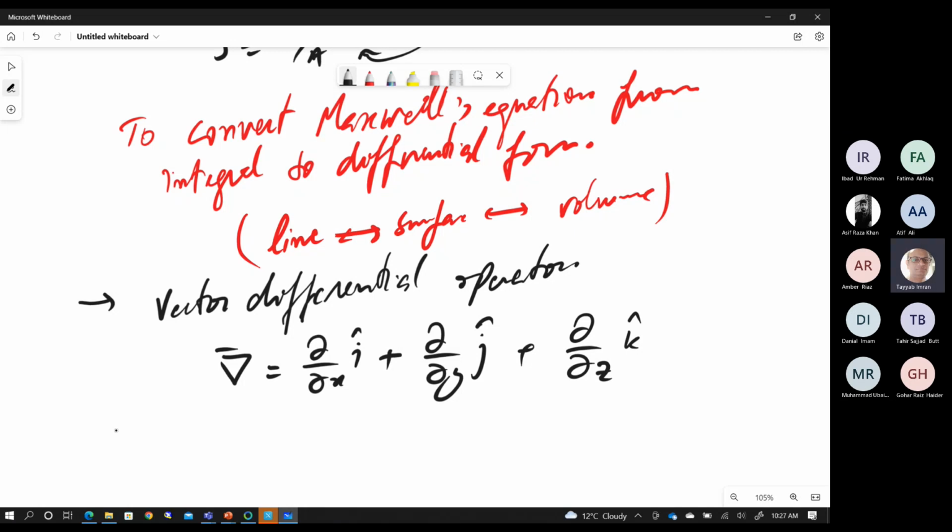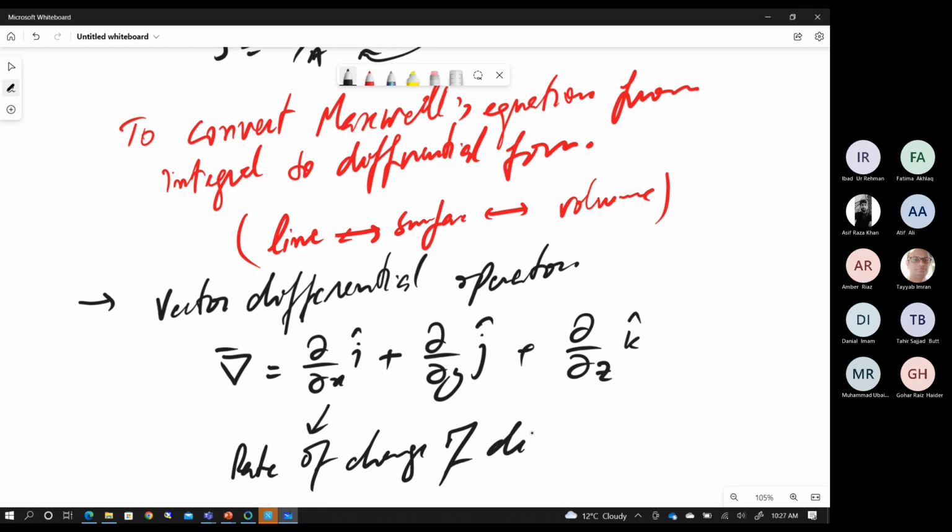We can find out the rate of change of direction with this kind of relation: x component, y component, and z component. And this symbol is called nabla, if you know already, or in general we call it del. Nabla is the symbol which is used for this vector differential operator.